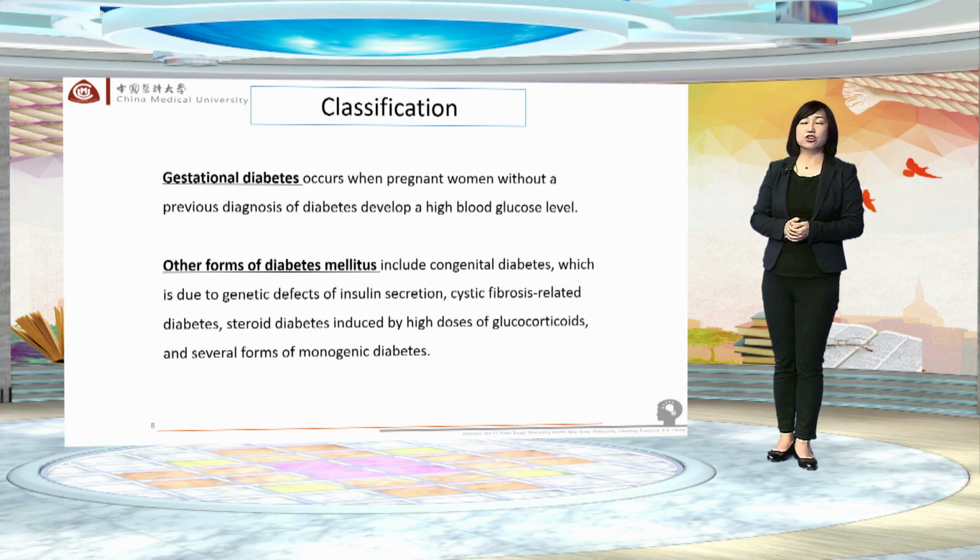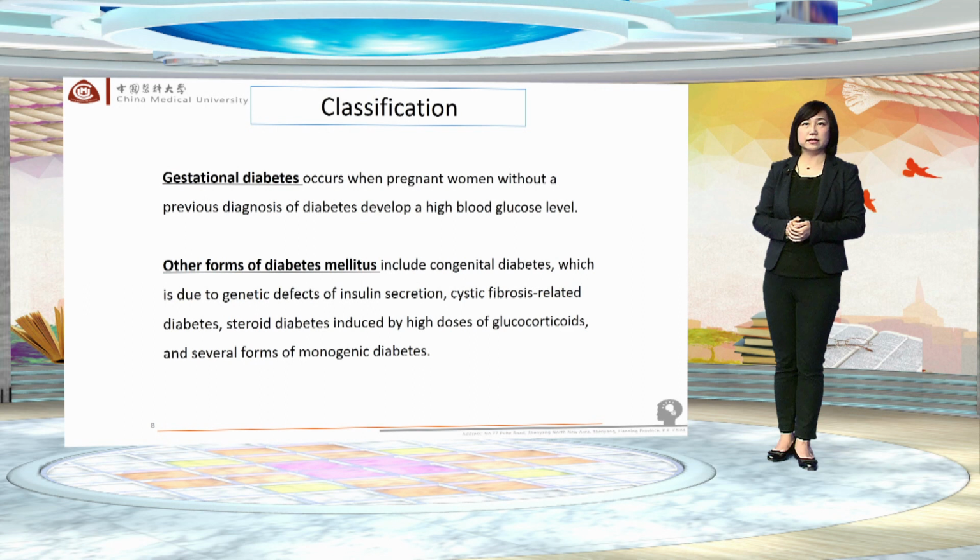Gestational diabetes occurs when pregnant women without a previous diagnosis of diabetes develop a high blood glucose level. This is related to insulin resistance caused by HCG hormone during pregnancy. A woman who had GDM during pregnancy has a 50% risk of developing diabetes later in life.